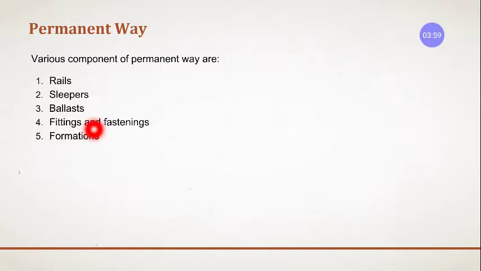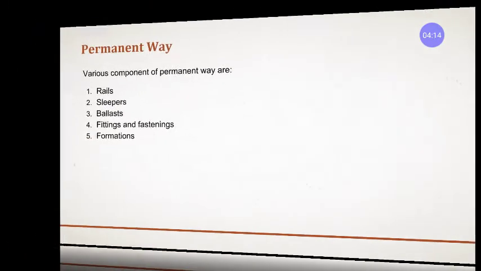Connecting those rails is done with fastenings and fittings. And then comes your formation or embankment. These are the various components of permanent way.